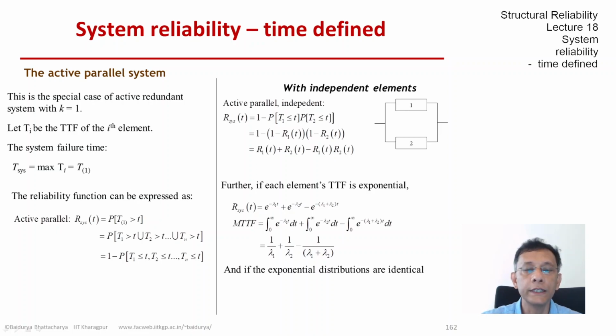What if now these were not only independent exponentials but identical, so the lambdas are equal? In that case, the mean time to failure would be 1.5 times the element's mean time to failure, 3 by 2 times 1 by lambda.